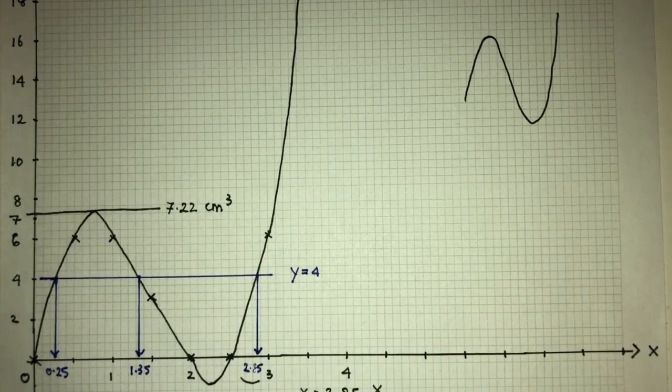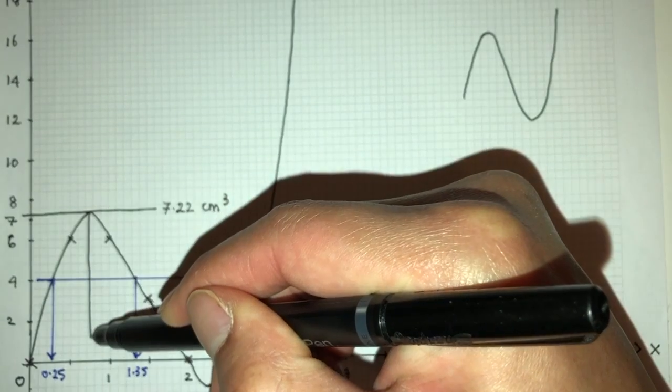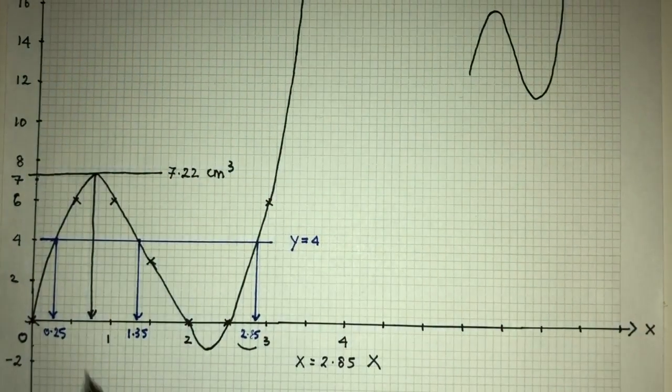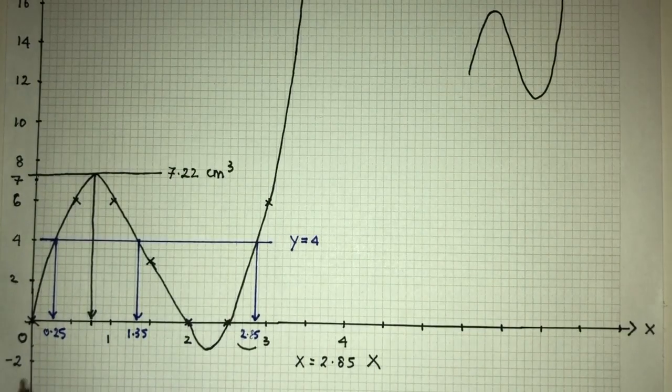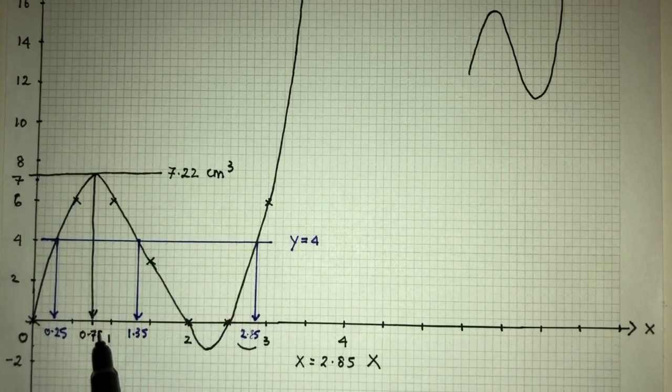And now we have to find the corresponding value of x. So we have to draw this line and show that. Of course, you have to use a ruler, so that you can find this value. This is 0.5, 0.6, 0.7, so this is 0.75.